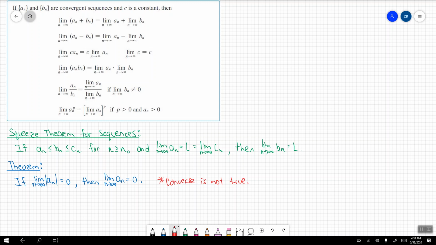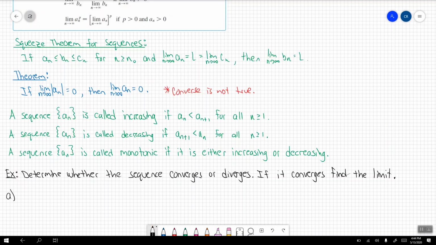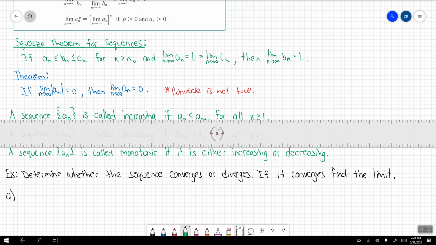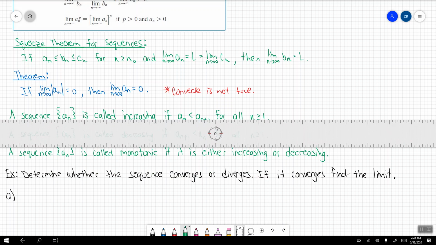to see how we're going to be interpreting that terminology or using those terms. All right, so here we are. Now, the three definitions that I want to analyze first is when we have an increasing sequence.